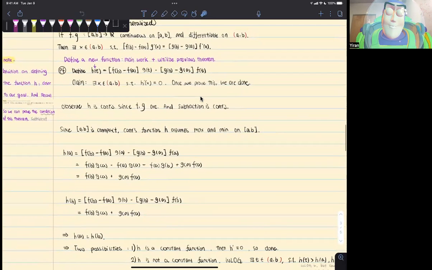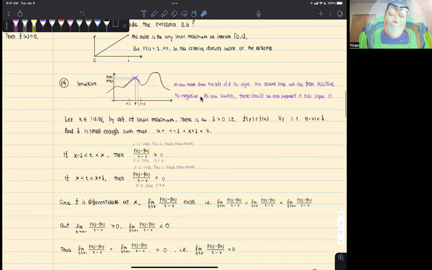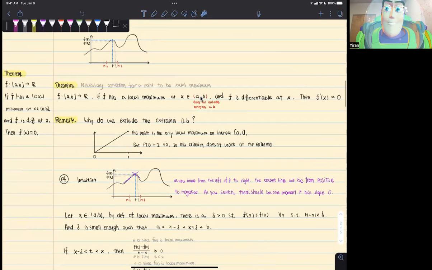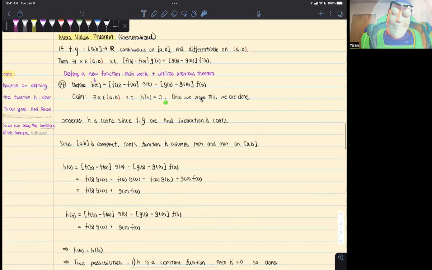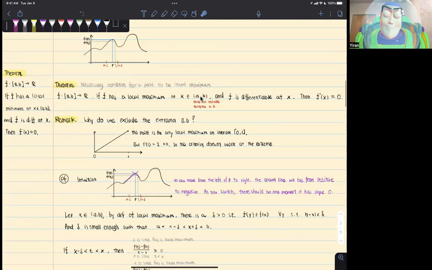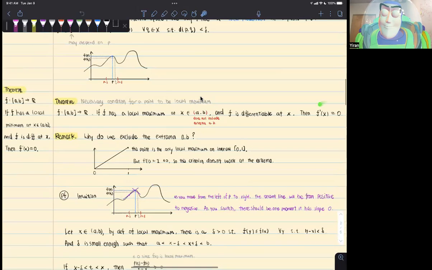Recall the thing that we just proved: once you find a function has a local maximum and that function is also differentiable at that point, then we have this very good property. Our desired result is to show this is equal to 0, and this looks a lot similar to that.